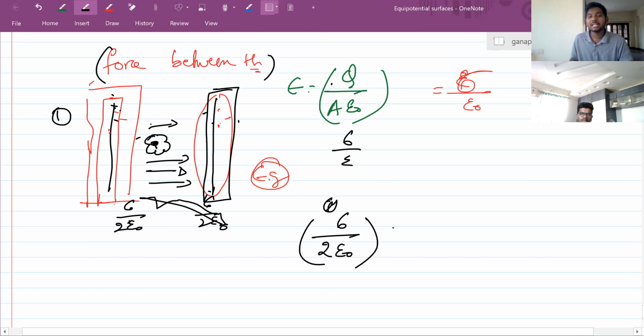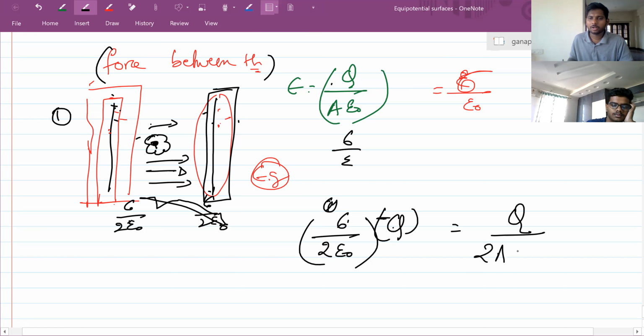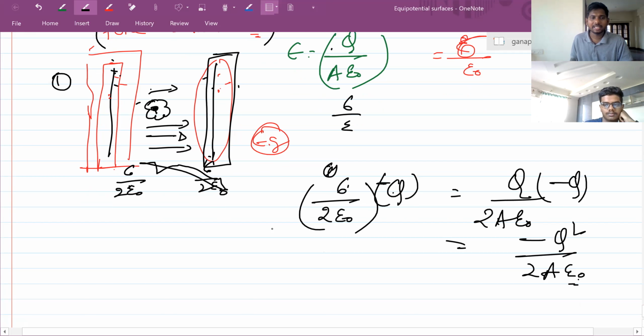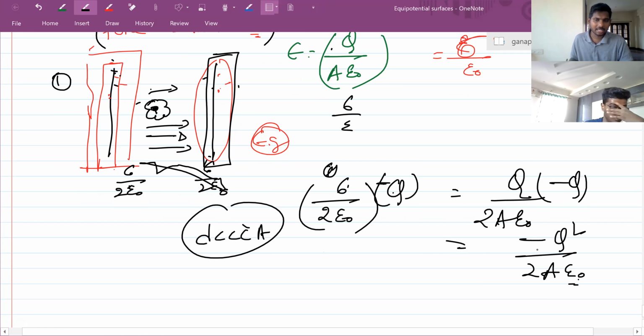Field into charge: if you multiply by minus Q on the second plate, you get the answer. Sigma is Q by A, so Q by 2A epsilon naught into minus Q. The force will be minus Q square by 2A epsilon naught. I'm considering D much smaller than the area A for this approximation. So Q square by 2A epsilon naught is the answer.